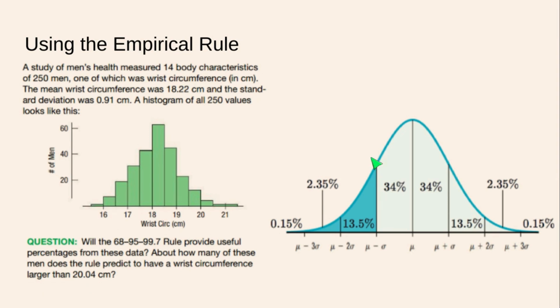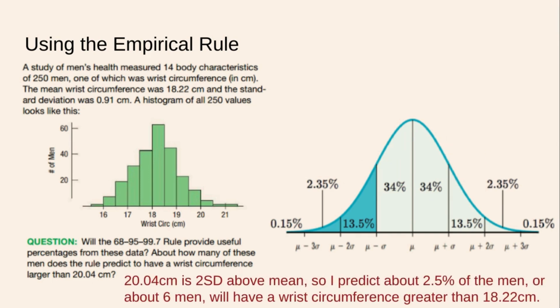Okay, so now I'm going to use my breakdown of the normal distribution to get my answer. So, as I've said, 20.04 centimeters is 2 standard deviations above the mean. So I predict about, okay, well here's 1 standard deviation, 2 standard deviations. We have 2.35 plus 0.15%, that adds up to 2.5% of the men, or about 6 men, 2.5% of 250 is 6.25, we'll round that to 6, will have a wrist circumference greater than 20.04 centimeters, okay?